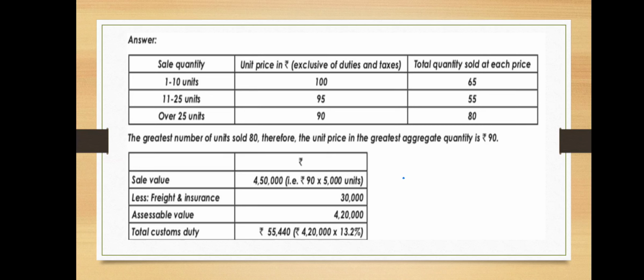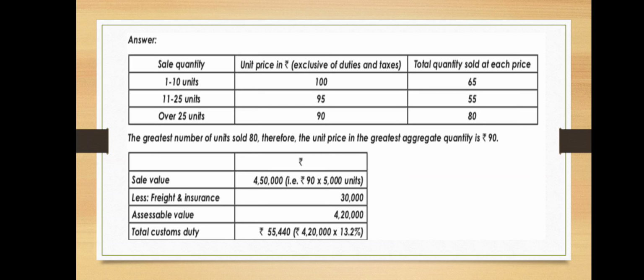Then for the assessable value, if you deduct the forced shipment expenses we need to deduct, free shipment expenses we need to add for the assessable value. So 4,50,000 and 30,000 will be the freight and insurance. You will get the assessable value, how much? 4,20,000. Next, we need to calculate the total custom duty payable.